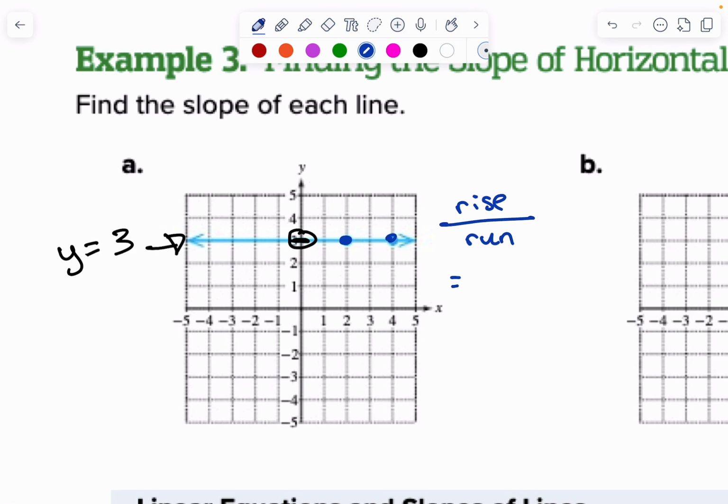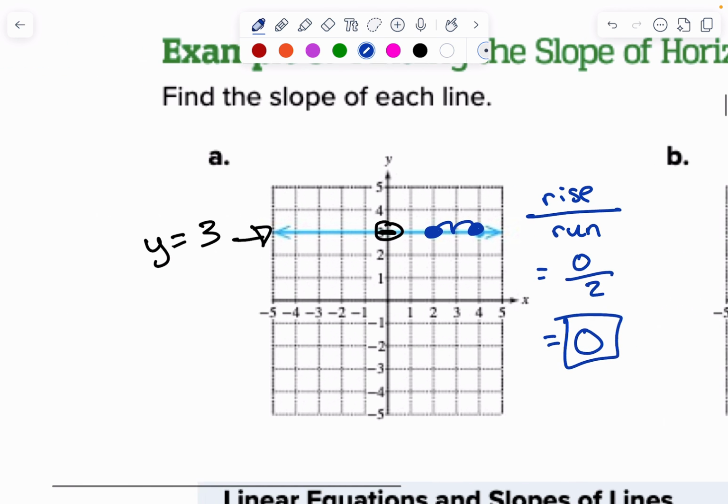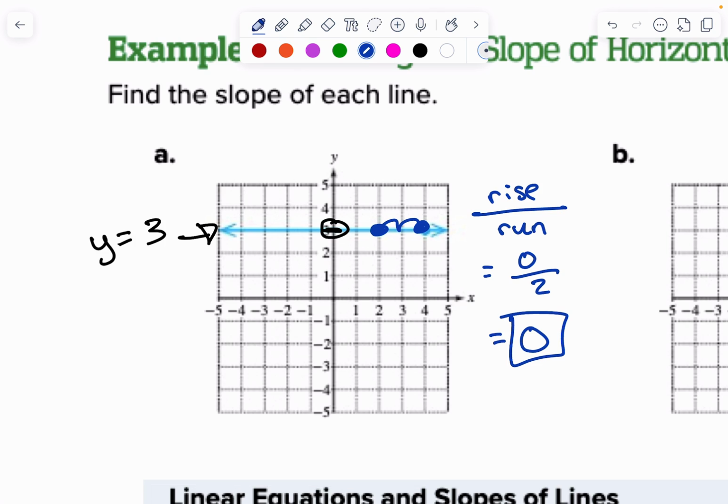He is rising from this point to this point, none. He is rising 0, and he is running 2 places. He's going over 2, and 0 divided by 2 is just 0. So a horizontal line has a slope that is 0, because he's not rising at all, but he is running all the way across.